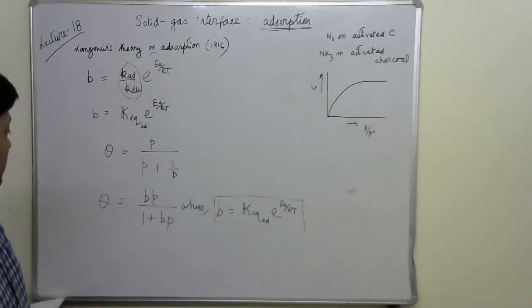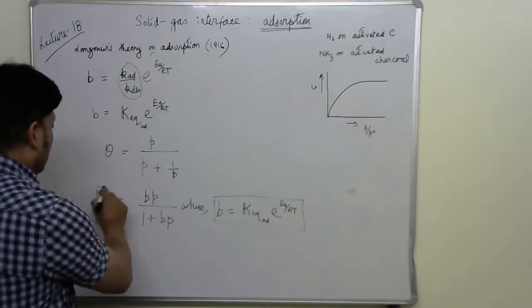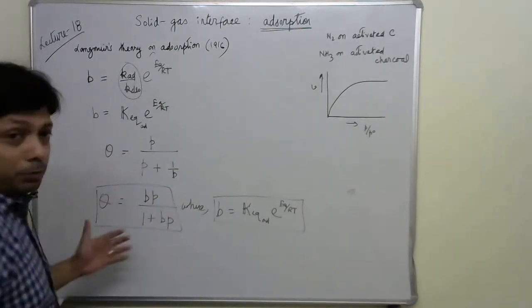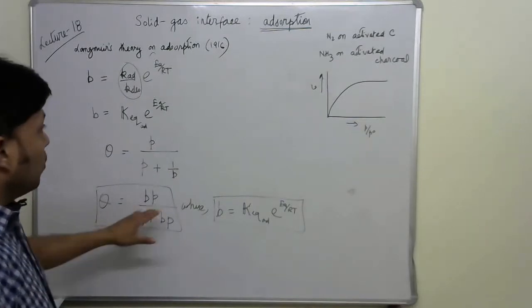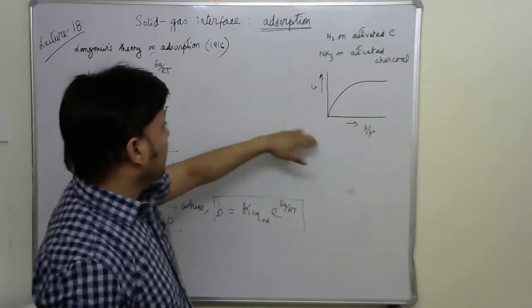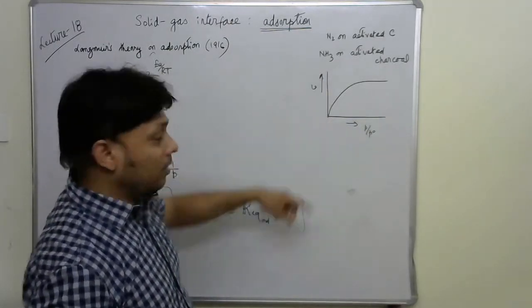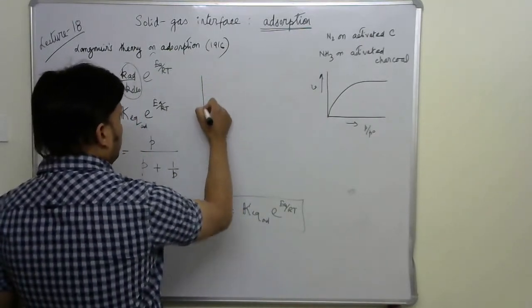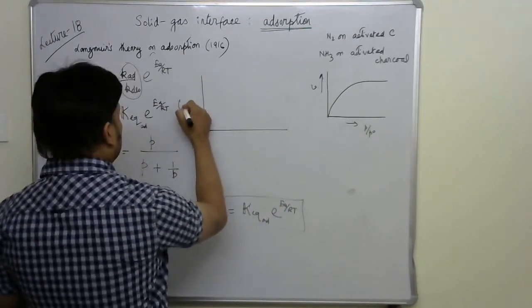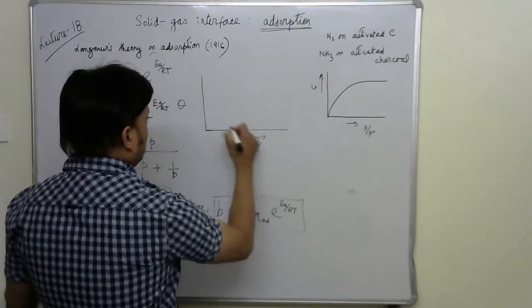This equation is also known as the Langmuir adsorption equation, because with this we can easily explain this graph plot. If we try to draw theta versus P, something like this.